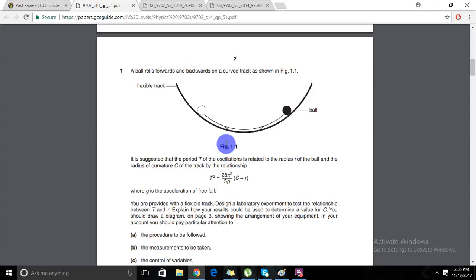So the time period may be related to two quantities. And what are the two quantities? The radius of the ball and the radius of the curvature. And what does that mean?